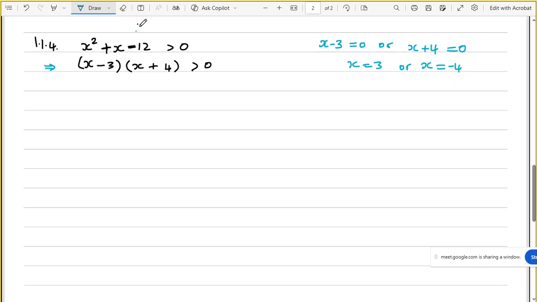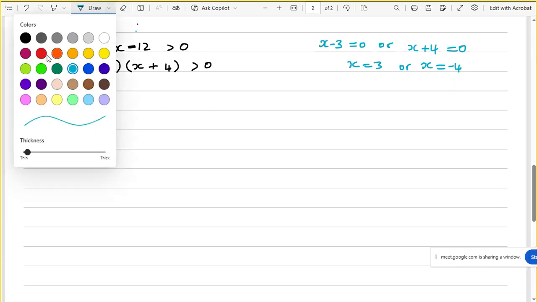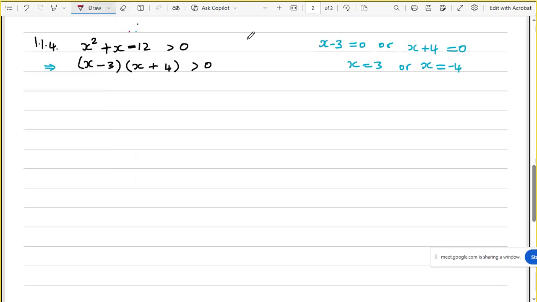Then you see, when you put it like this, it gives the marker the idea that this learner is not sure which one is the correct answer. This learner is just trying their luck. Don't include this. Instead, what you can do is take x is equal to 3 and x is equal to minus 4.